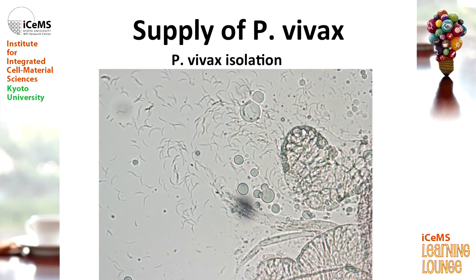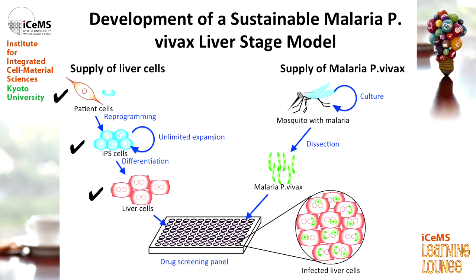After 2 weeks of infection, we isolate developed malaria from the mosquito. The right-hand side ball-like structure is the salivary gland of the mosquito. Any hair-like worms are matured malaria. As you can see, how many malaria in each mosquito. So now we have a supply of malaria.